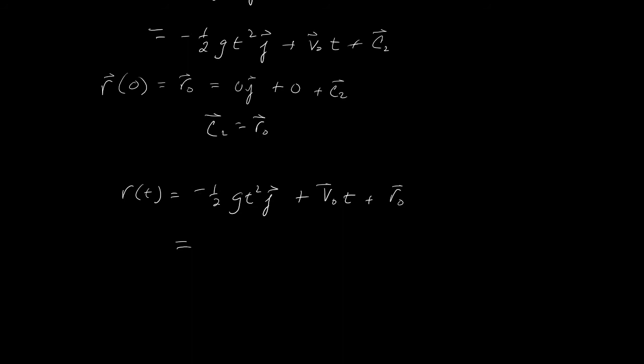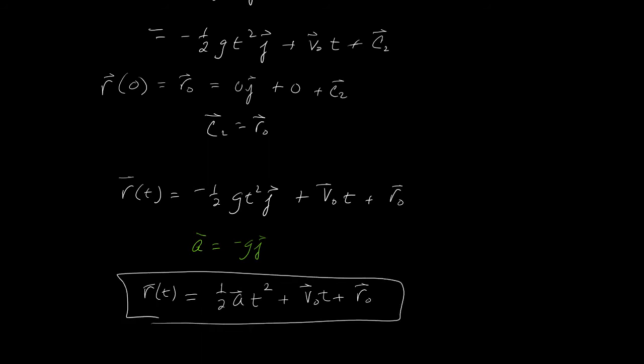Okay, so we know that acceleration is equal to negative g in the j direction, and so what we end up with here is that r of t, that is a vector, is equal to 1/2 a t squared plus v0 t plus r0. And there we have it. Position vector as a function of its initial position and initial velocity.